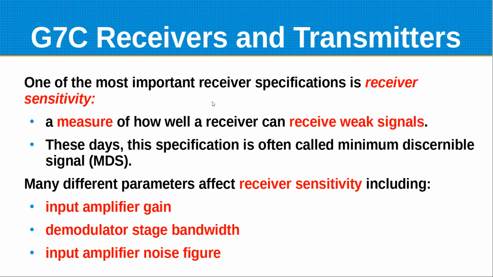So one of the most important receiver specifications is the sensitivity. Another one, which I think is coming up, is selectivity. But as far as sensitivity, it's how well your receiver can receive weak signals.